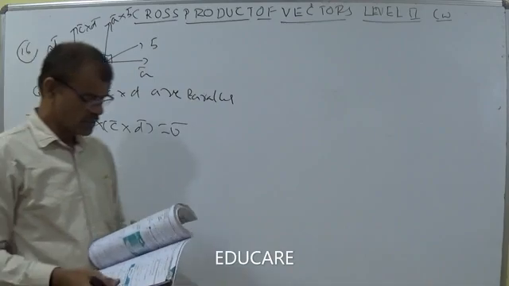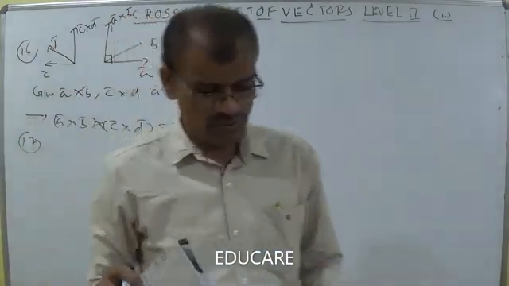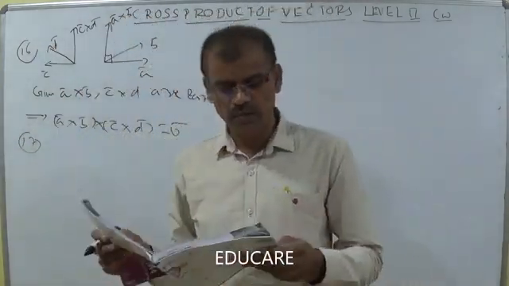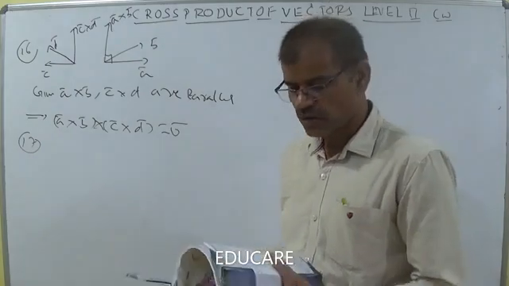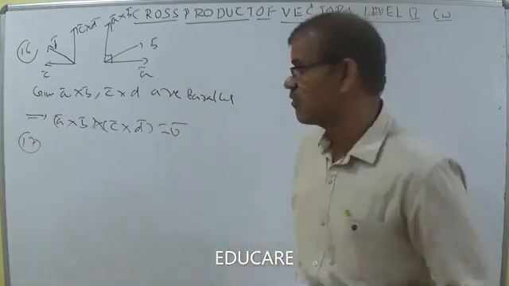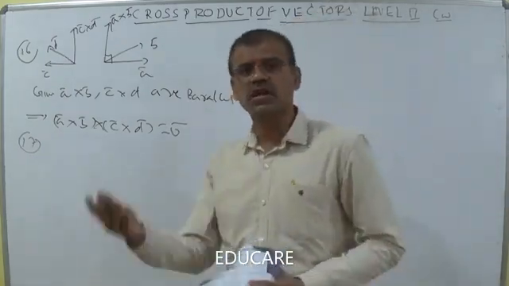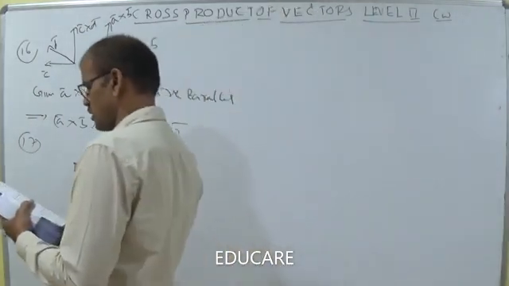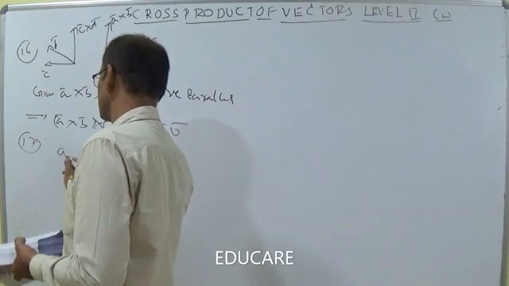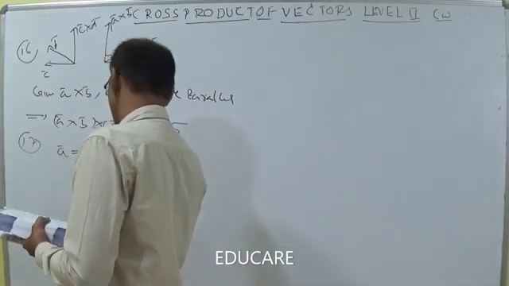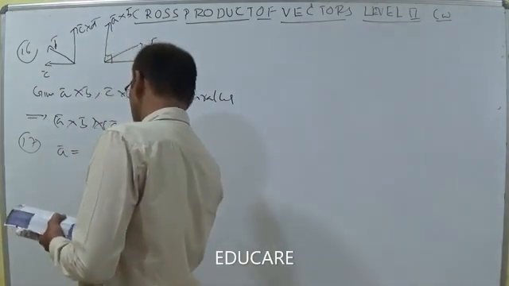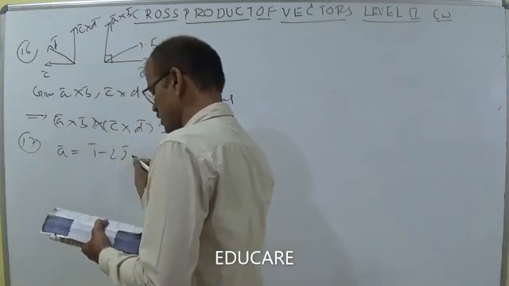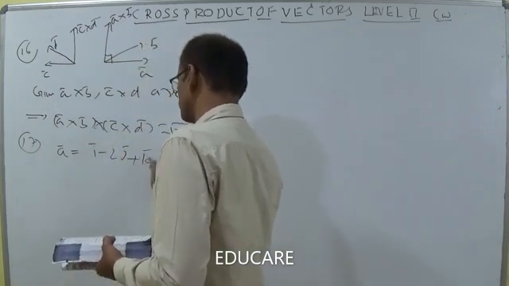Let us discuss the 17th question. These are easy questions. The vector equation of a line passing through a point and perpendicular to the given two vectors. Whenever two vectors are given and a vector perpendicular to both is needed, you should calculate a cross b. First the given point, a bar is equal to i minus 2j plus k.